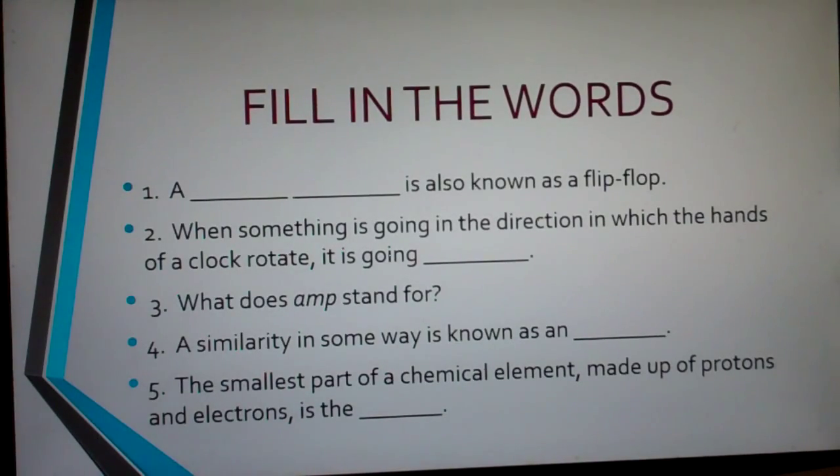Number 3, what does amp stand for? Number 4, a similarity in some way is known as an blank. Number 5, the smallest part of a chemical element made up of protons and electrons is the blank.